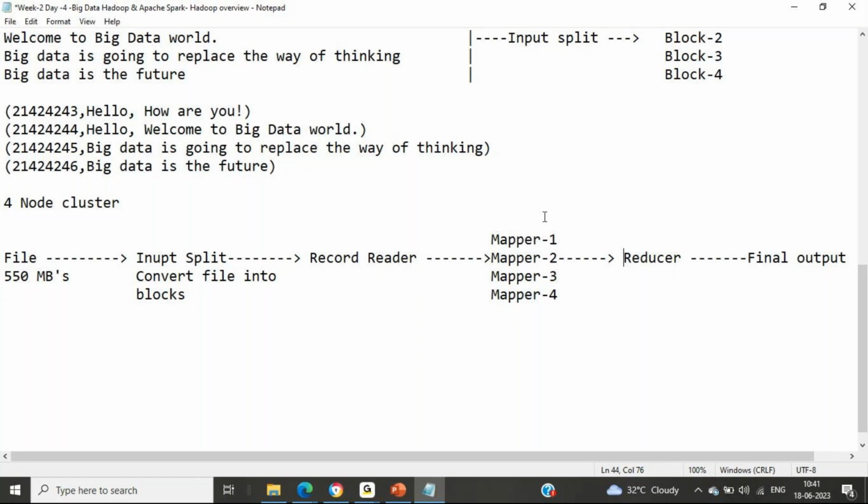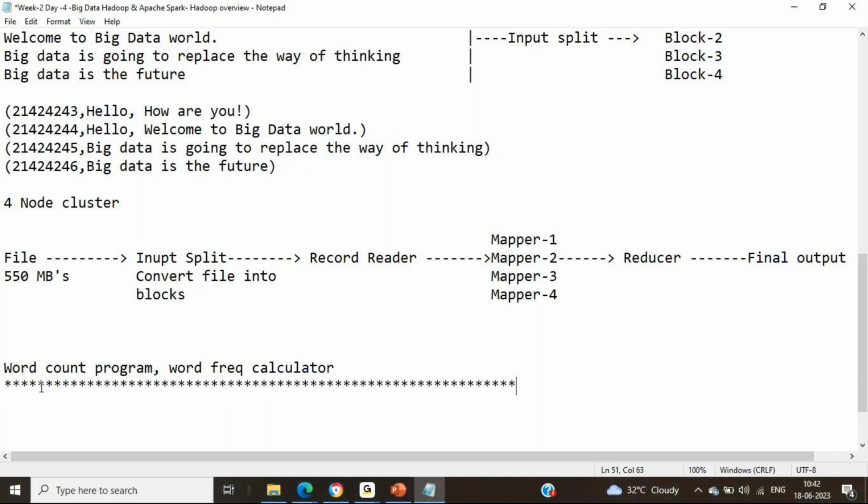Mappers have the benefit of parallelism. Let me take an example of a word count program, or a word frequency calculator.